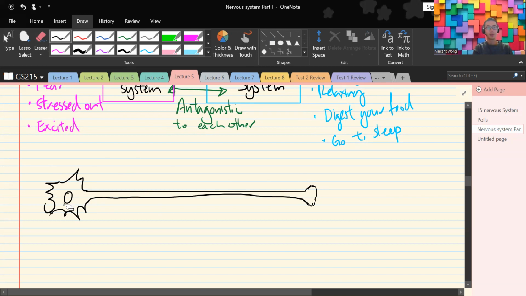So here is your neuron, and we know the signal is going to pass down the axon, right? I'm not drawing the myelin just to keep it simple.